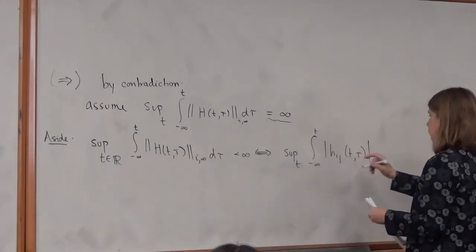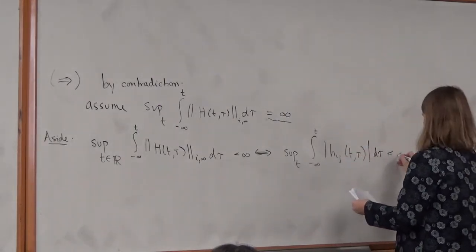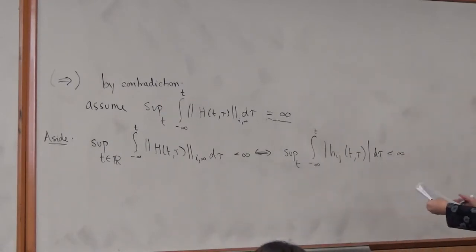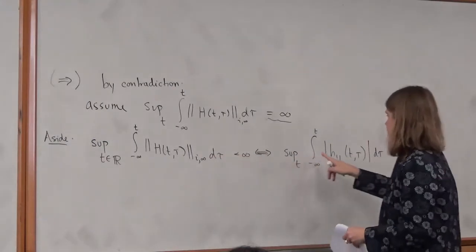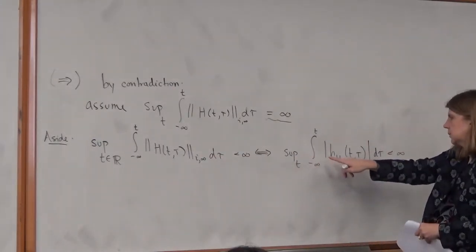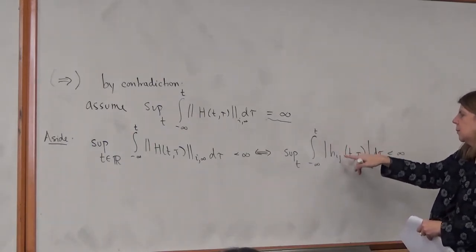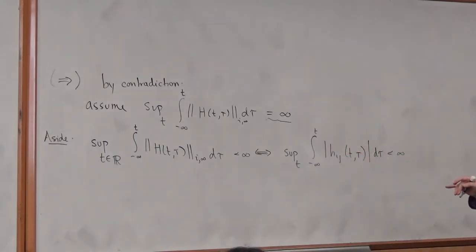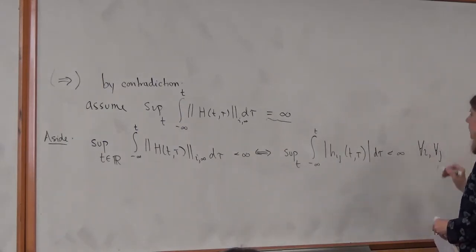That's a scalar function, so I'm just going to use absolute value here. So if the matrix norm is finite, the norm of all of the individual ijth elements has to be finite. This has to be true for all i and for all j.